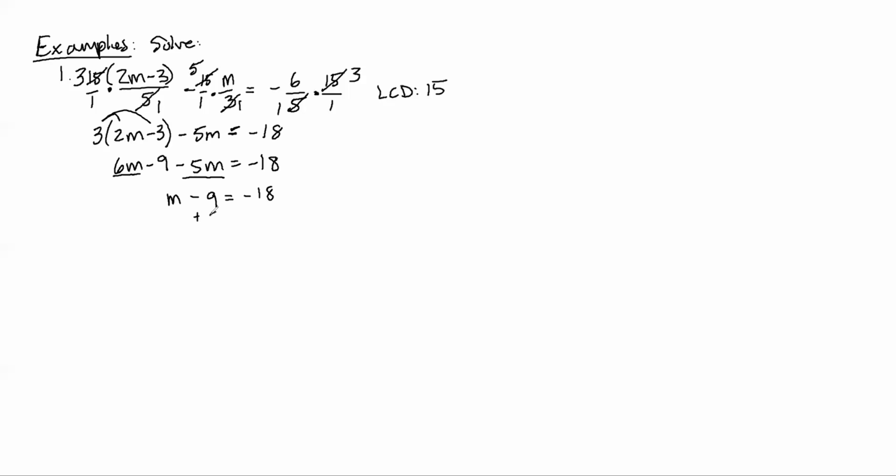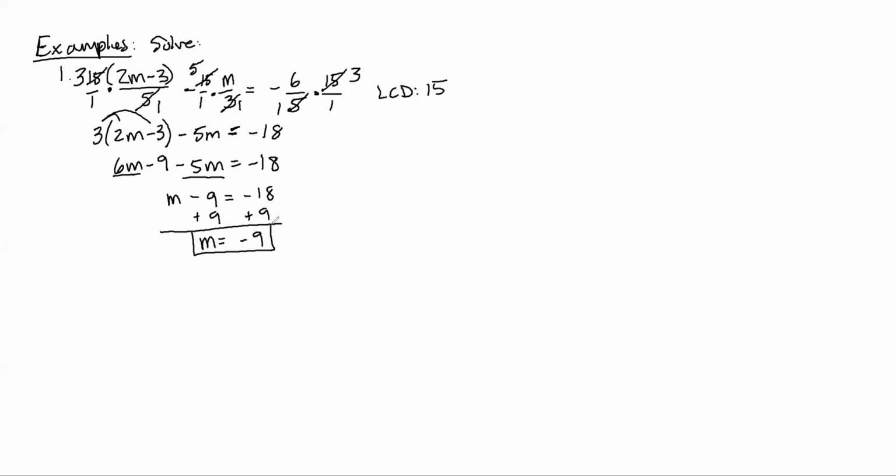And then let's add this 9 to both sides. And we get m equals negative 9. Now, we didn't have any values that m could not equal, so this is our solution for this one.